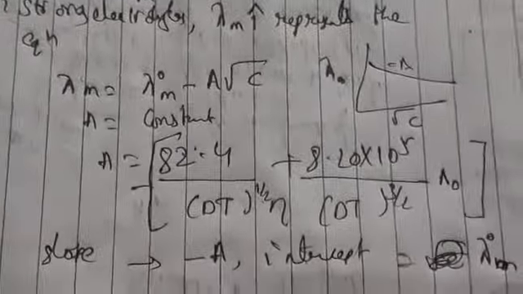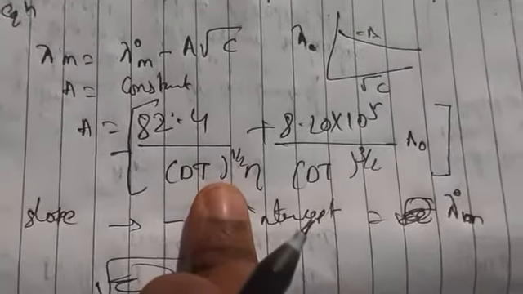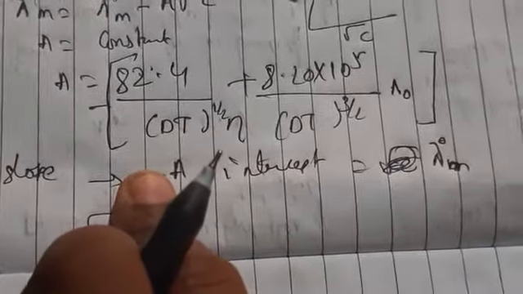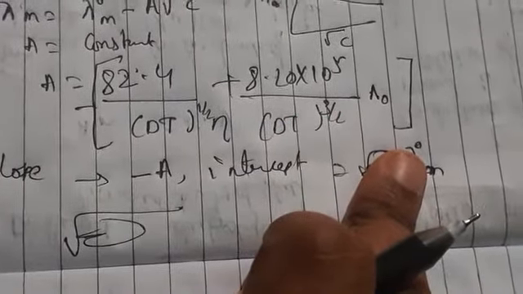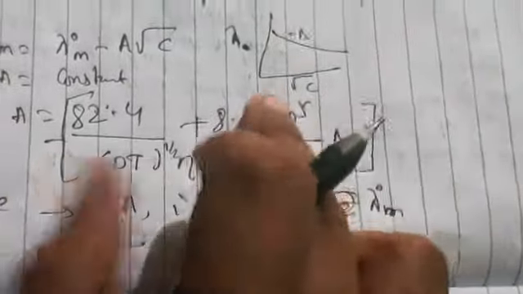This is lambda for molar concentration C, with minus a as the slope and lambda naught as the intercept. Here D is the dielectric constant, T is the temperature, and the equivalent conductance is given at concentration C and at almost zero concentration, or infinite dilution.